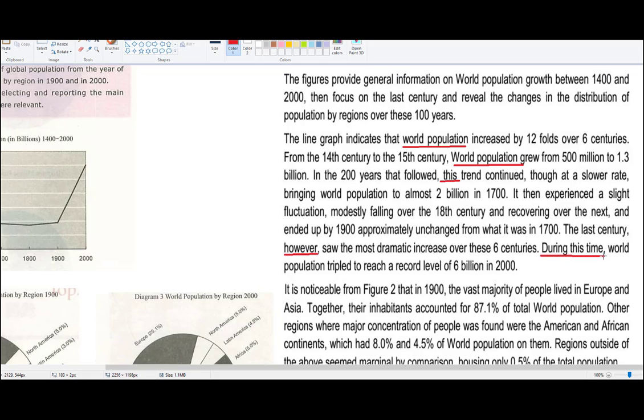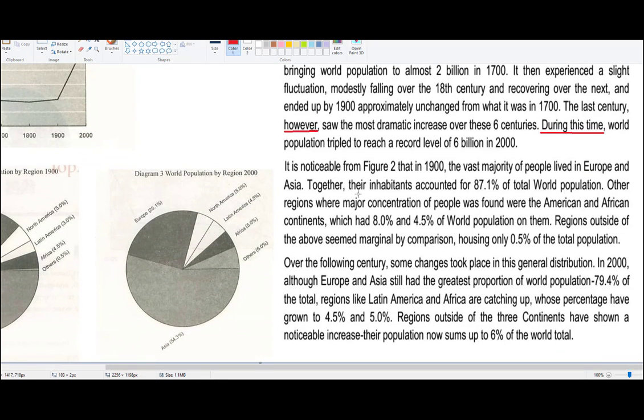During this time, their inhabitants, we have some referencing. Other regions where major concentrations were found were, okay, the above, over the following century to show the times changing. Ooh, whose? Okay, that's good.